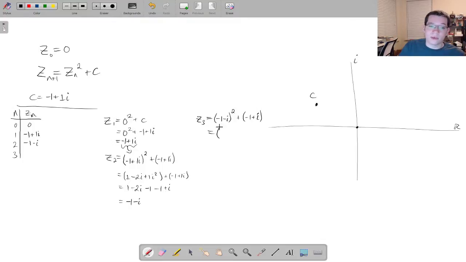And then when we square it, we get -1 squared is 1, -i, let's see, this one I have to do 1 plus i. And then we have 1. And that's going to be plus 2i plus i squared. And then we add to that this negative 1 plus i.